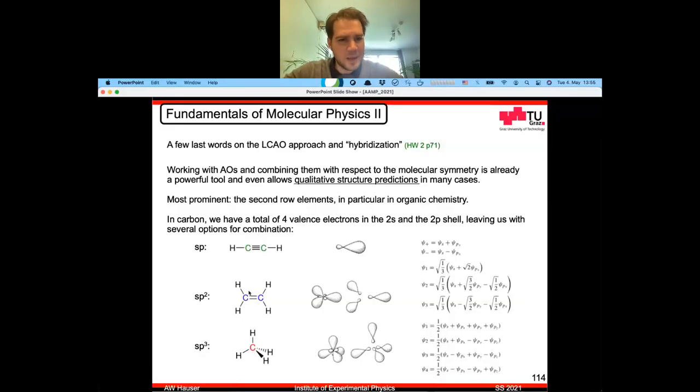Now, in the case of sp2, for example, in the case of ethene, the situation is a little bit different. And here it makes sense to make a pre-combination of atomic orbitals that allows us to form a 120-degree shape. So we have this kind of shape for our orbitals. So we take, for example, px, py, and the 2s orbital, and form these three lobes that are 120 degrees separate from each other, right, in the direction.